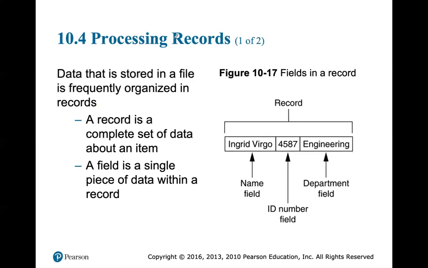So let's see. Processing records. This is just to show you that these exist in the coding world. So this is called a record, this whole thing right here. Ingrid Virgo 4587 engineering. So this is one record that belongs to this person, Ingrid Virgo. This is a way to store information.